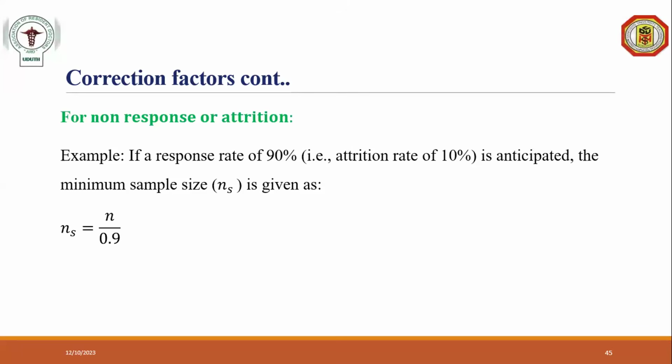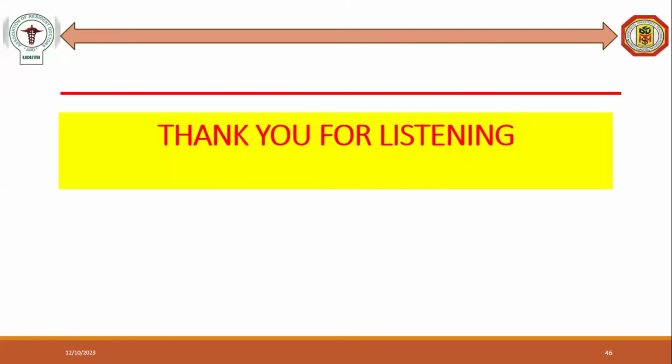So if you have gotten your N to be 300, you use 300 divided by 0.9. Then whatever you get is the final sample size you have determined, and that is what you will use for your study.